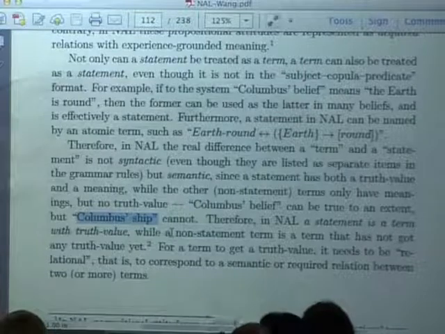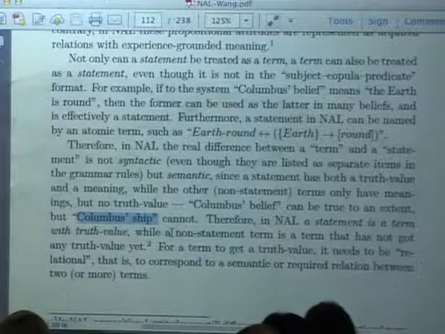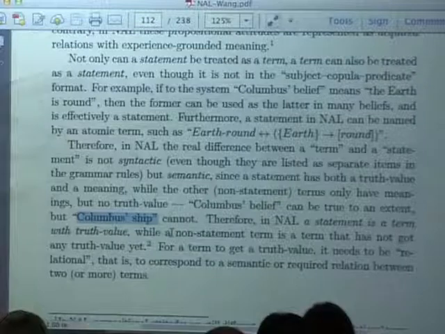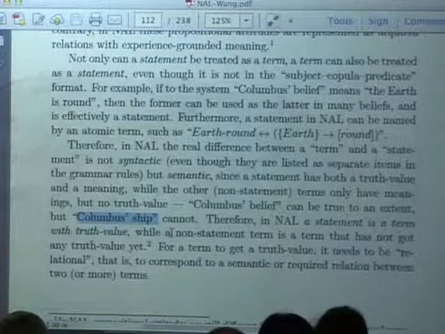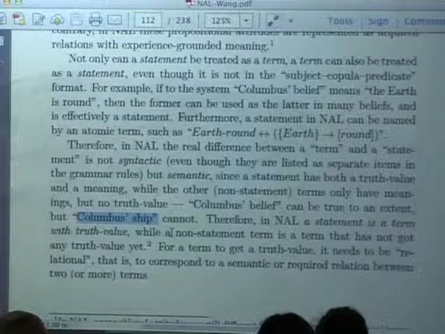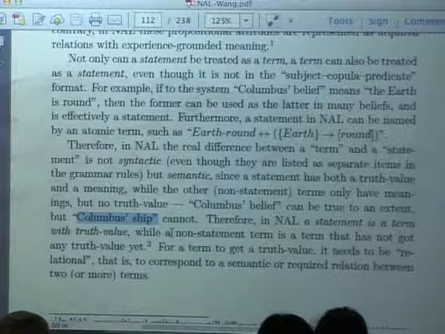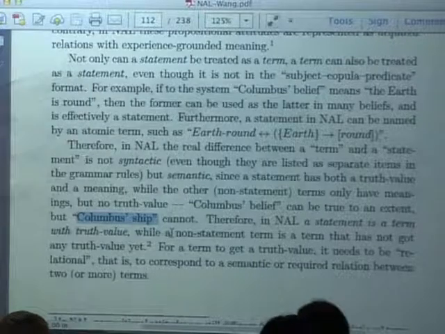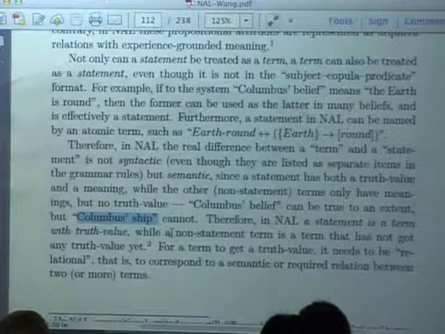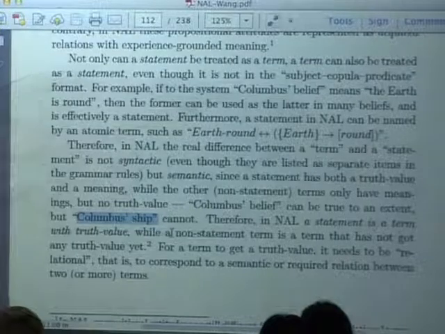So the real difference, later we'll see, is that syntactically speaking, it doesn't really matter whether you really have a subject-predicate relation anymore. Because you can use a single term to represent such a relation. So the real difference when we talk about statement versus term is that a statement can, or normally does, have a truth value.